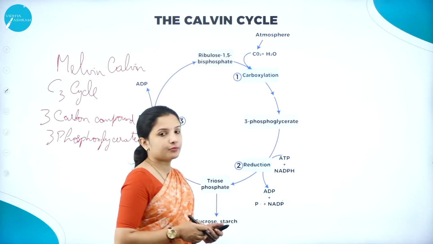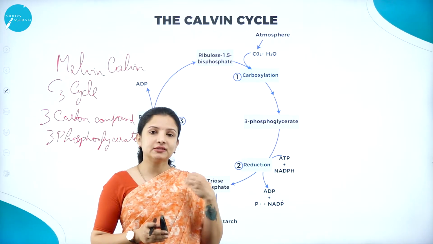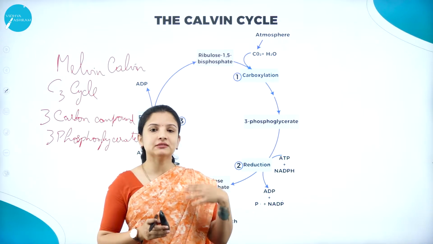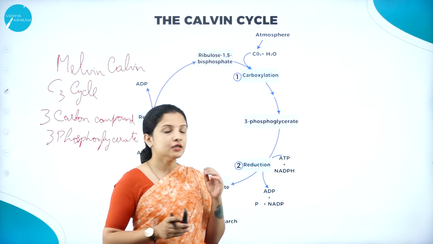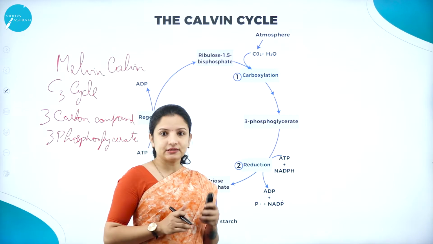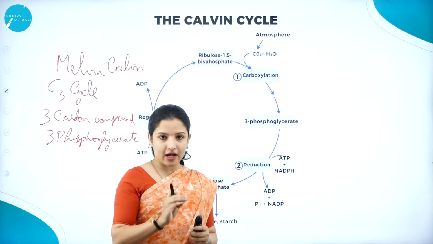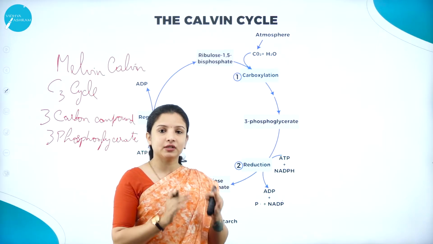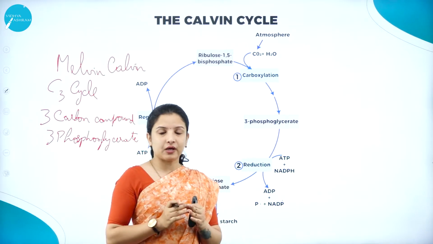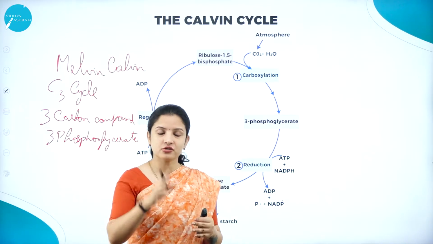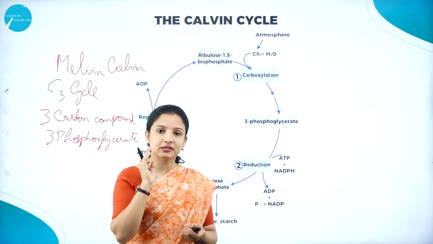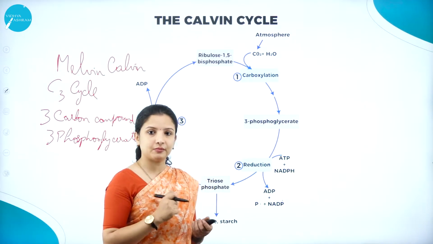First, talking about carboxylation. When I say carboxylation, it means addition of carbon, right? How will the plants get carbon? It is obtained from the atmosphere. During the daytime, when plants open their stomata, gases are exchanged, and carbon dioxide present in the atmosphere is taken in by the plants.